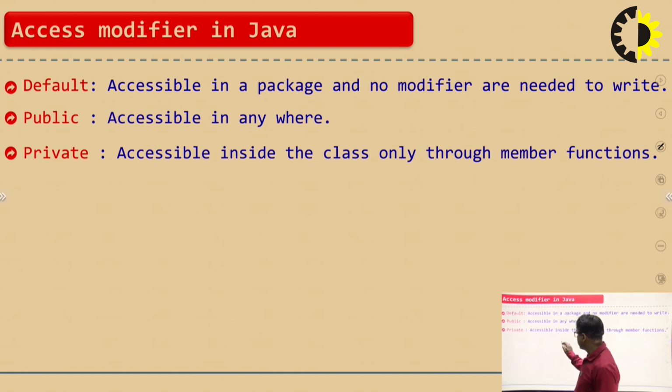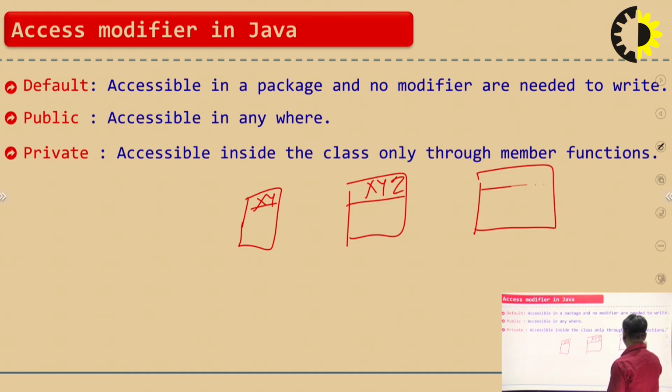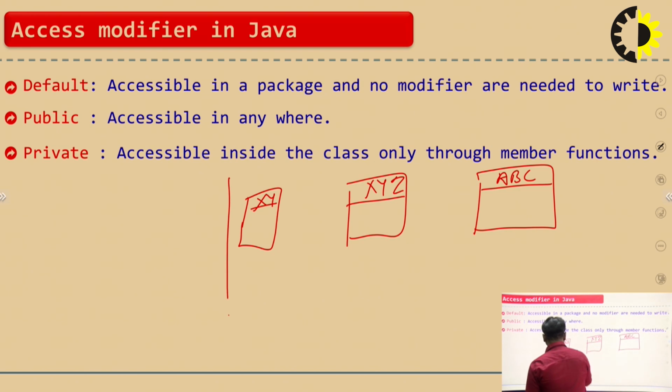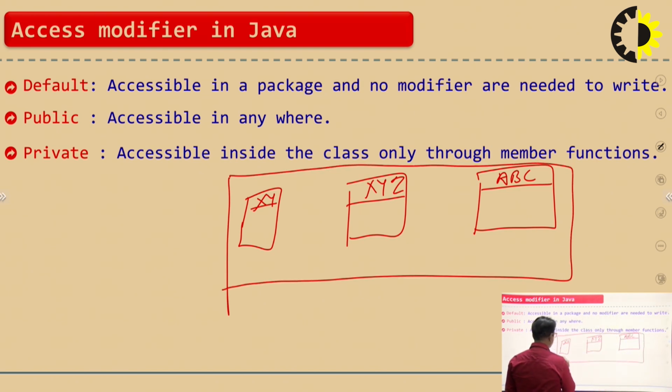For example, suppose we create a class xy, another class xyz, another class abc. All these are classes. These 3 classes can be present in one programming file.